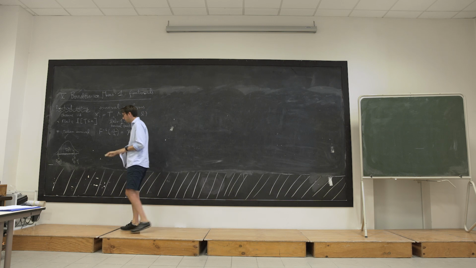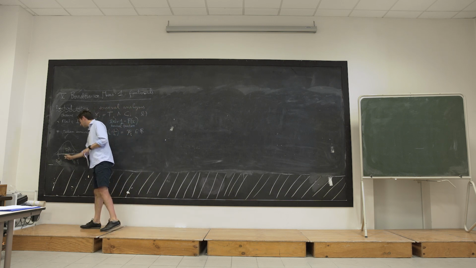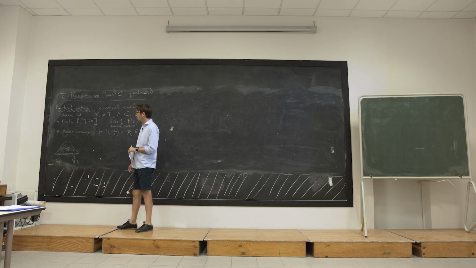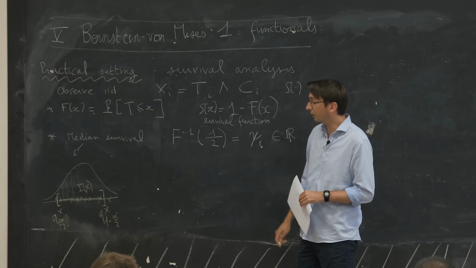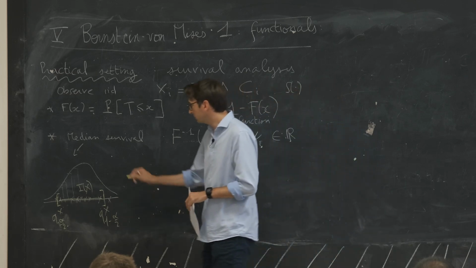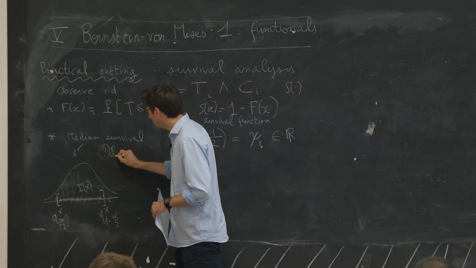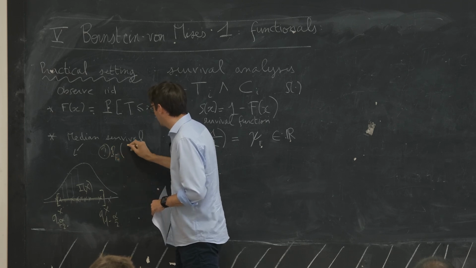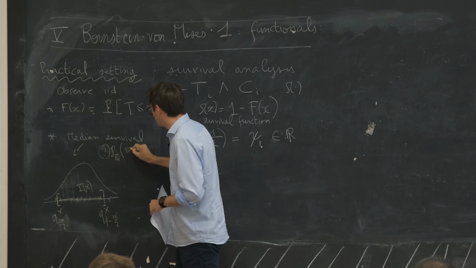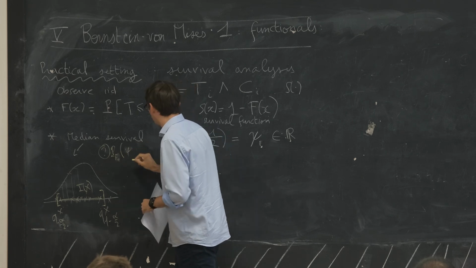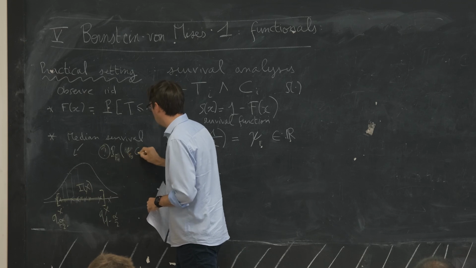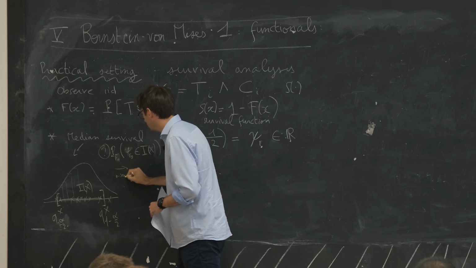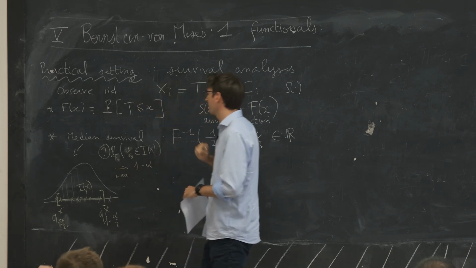By definition this is a credible interval: it captures 1 minus alpha of the posterior mass. Is it also a confidence interval, do I have something like this? P under the true F_0, of psi(F_0) belonging to I(x), does it go as n goes to infinity to 1 minus alpha?